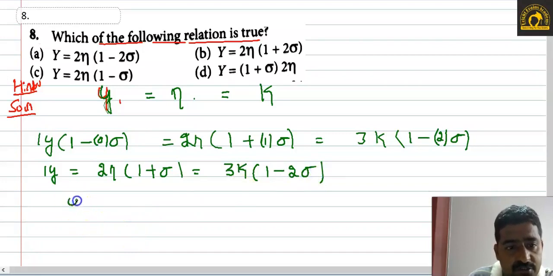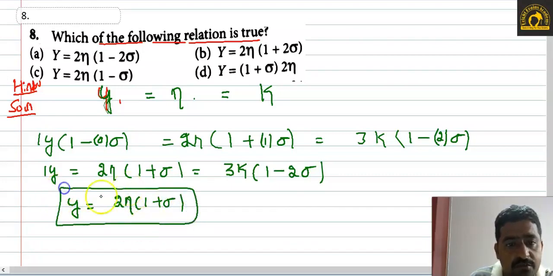So there are two equations here. Young's modulus is equal to 2 eta 1 plus sigma. This is one equation. Then Y is equal to 3k 1 minus 2 sigma.